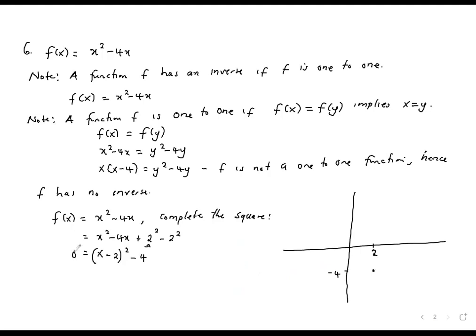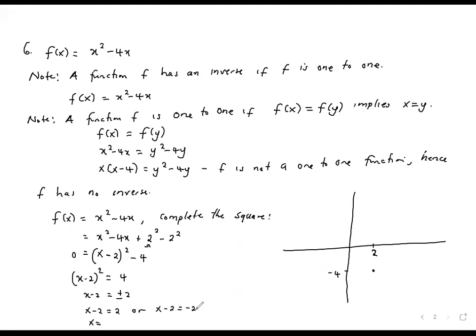If we equate it to 0, we'll have x minus 2 all squared equal to 4, giving us x minus 2 is equal to plus or minus 2. So x minus 2 is 2, or x minus 2 is -2.